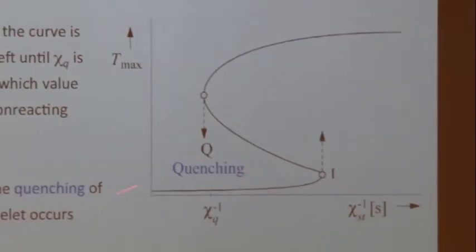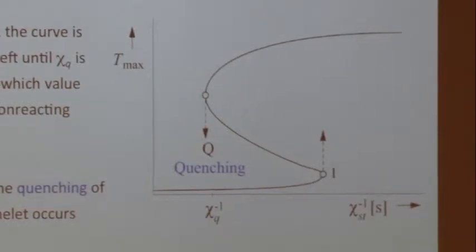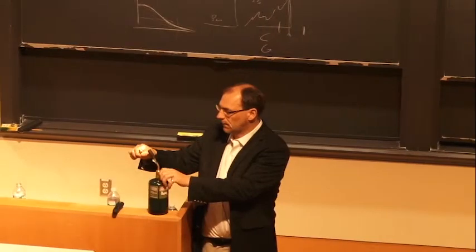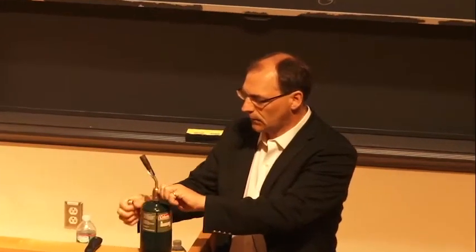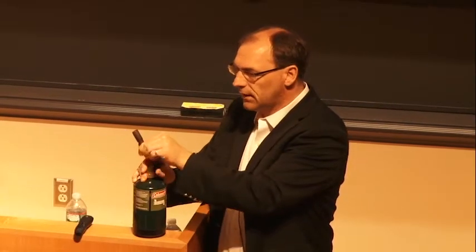And well, quenching. How can I do this? I mentioned this earlier. What does it mean to increase the dissipation rate? It means increasing the local gradients. How do I do this?